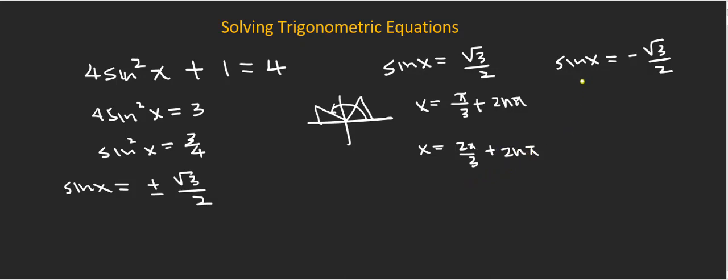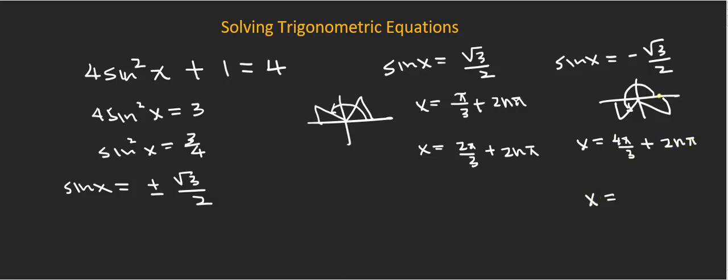What about this part? Sine x equals negative radical 3 over 2. Well, you know that sine is negative in the third and fourth quadrants. So what is this angle again right here? I mean, the reference angle is pi over 3. So that angle is pi plus pi over 3, which is going to be 4 pi over 3, plus 2n pi.